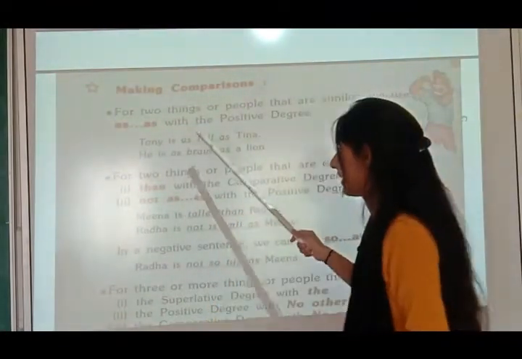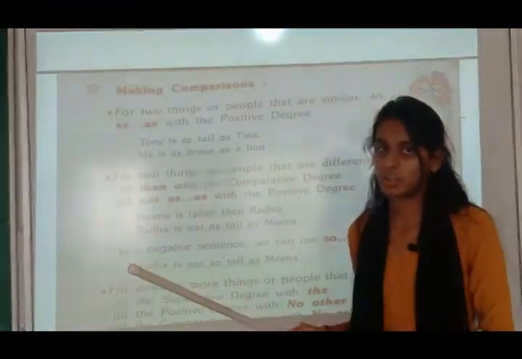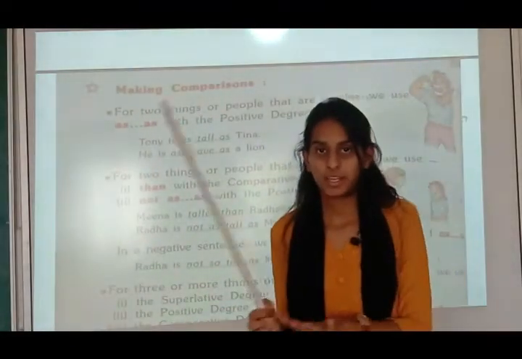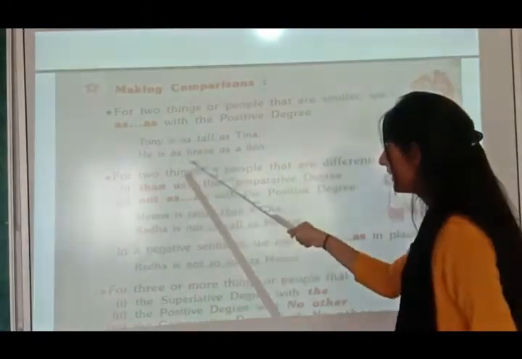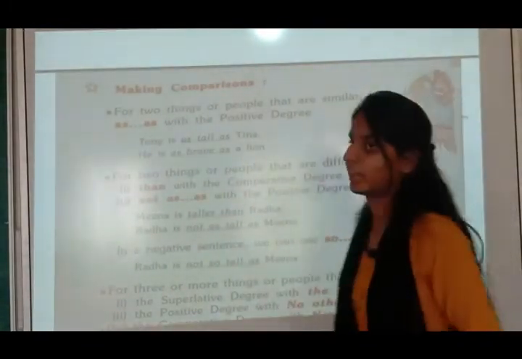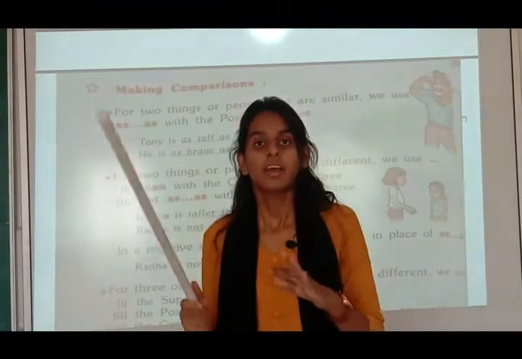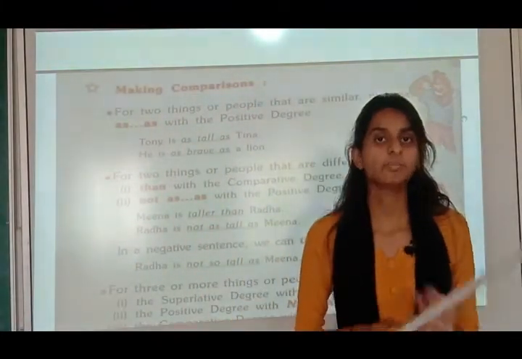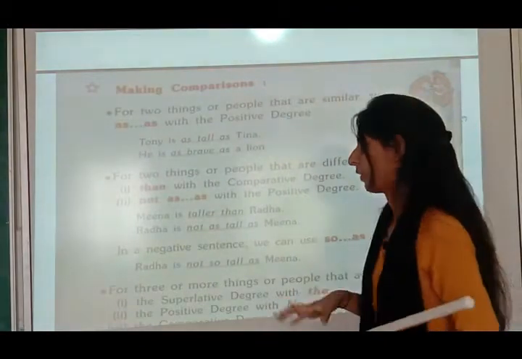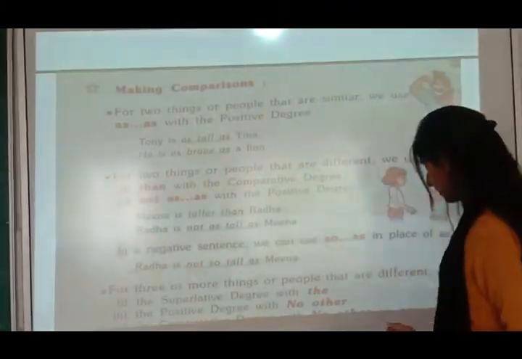So it is telling that Tony is as tall as Tina. It means they are comparing two persons and the two persons are the same. He is as brave as a lion. It is telling that the lion and he, a boy, both are brave and both are equally brave.